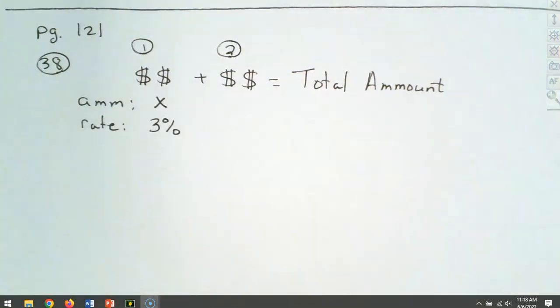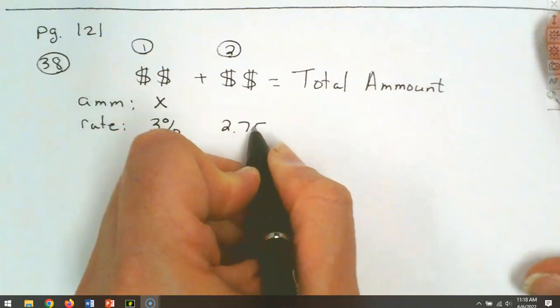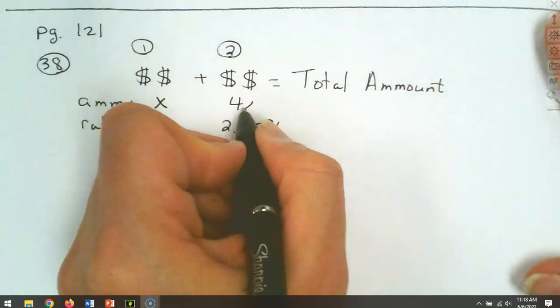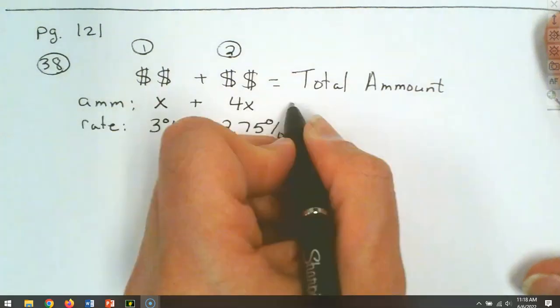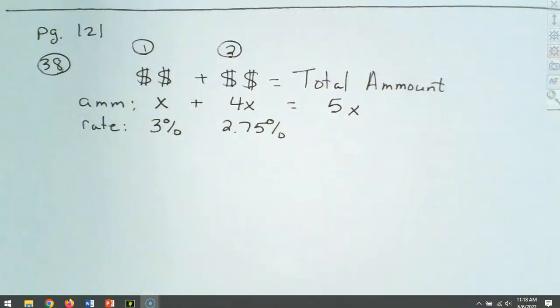What about the next account? Well, for the next account, 4 times as much at 2.75%. So 2.75%, 4 times as much, that would make it 4x. These add across to give you a total amount of 5x.